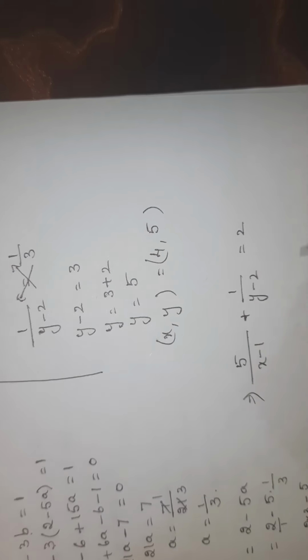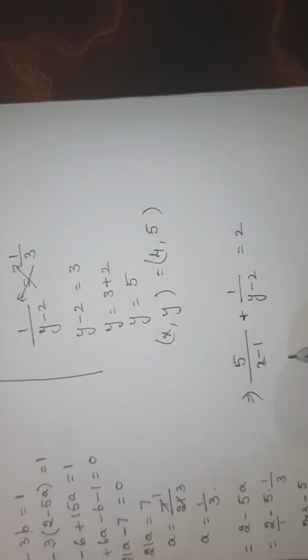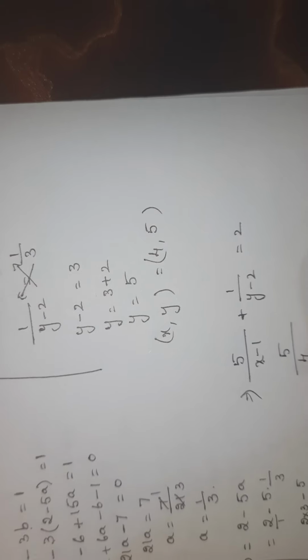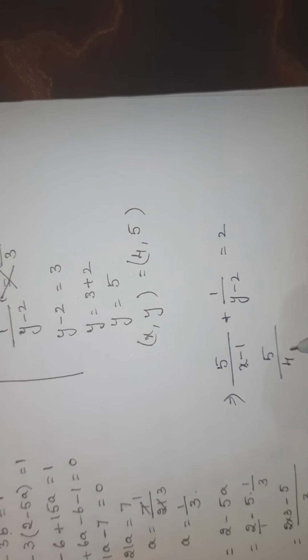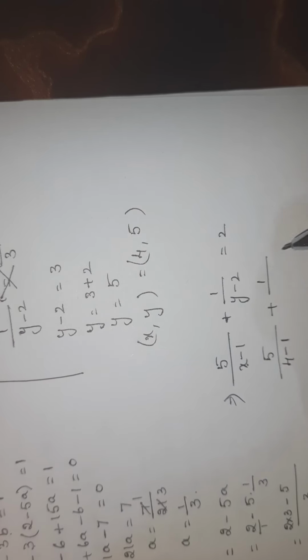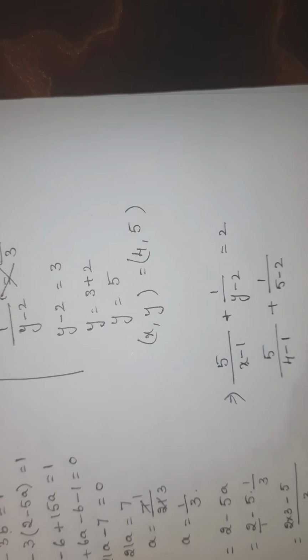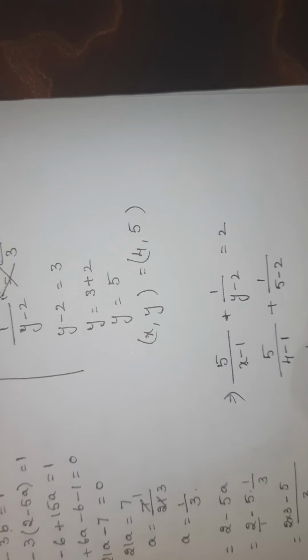So x we have 4 and y 5. If we substitute, 5 by 4 minus 1 plus 1 by 5 minus 2, then it becomes 5 by 3 plus 1 by 3.